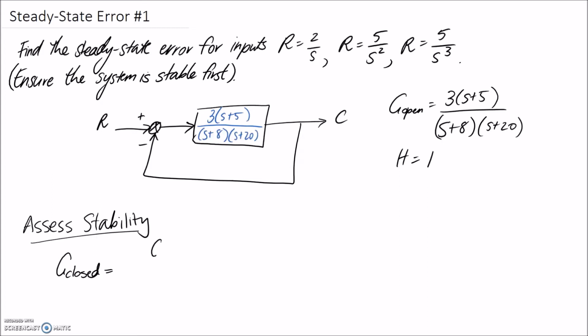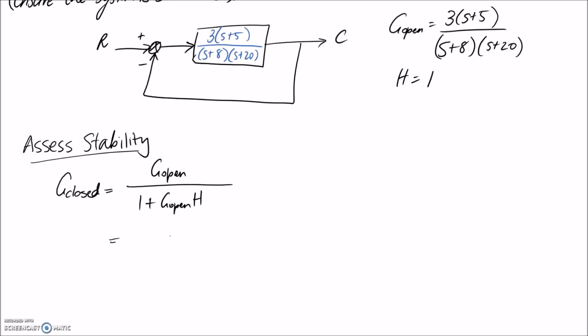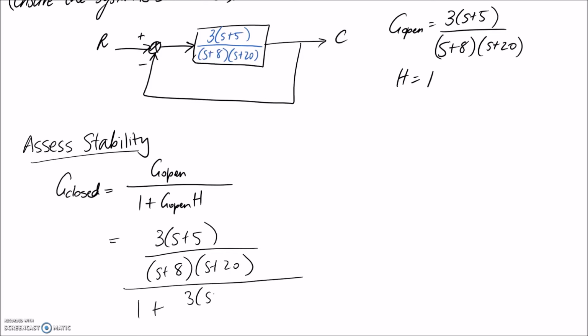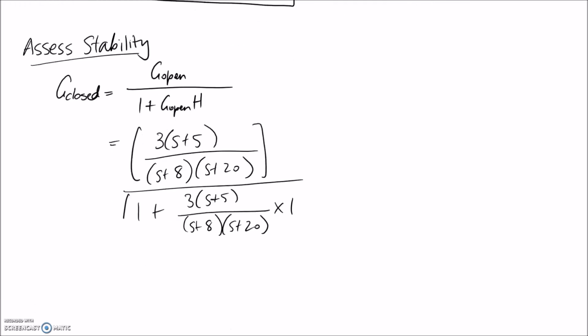So we can calculate the closed loop, or the overall transfer function, using this equation for negative feedback, substituting in, we get that.